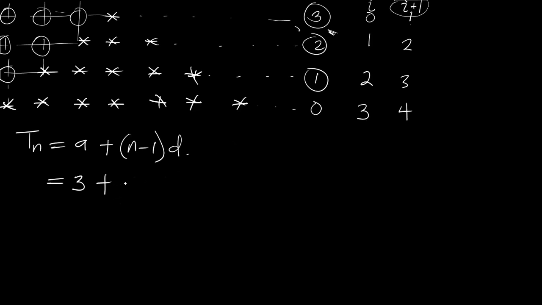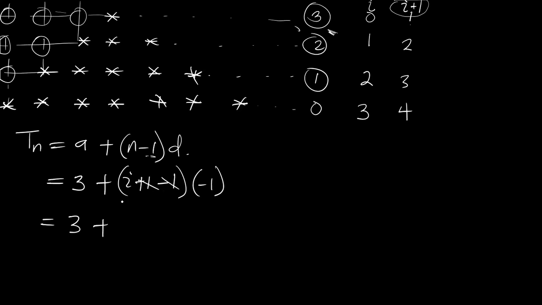So the difference is -1, while n is equal to I plus 1. So we use I plus 1 minus 1, then times -1. So now you will have 3 plus 1 minus 1. This will cancel out. Now you have I times -1, so this will give you minus I. So this is the same thing as 3 minus I. So that is for the I term.